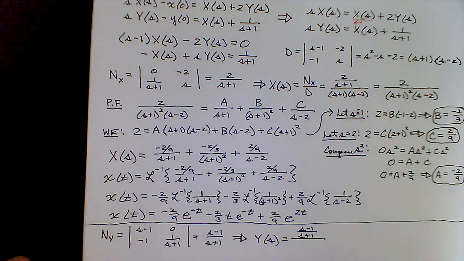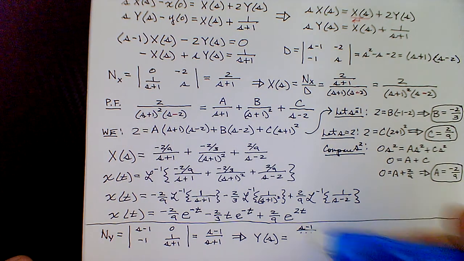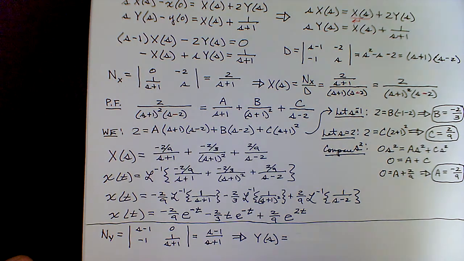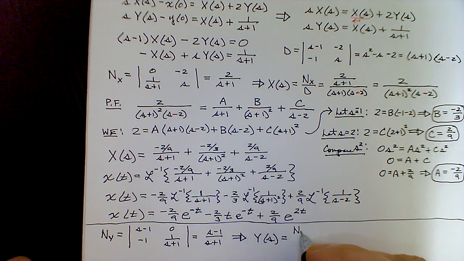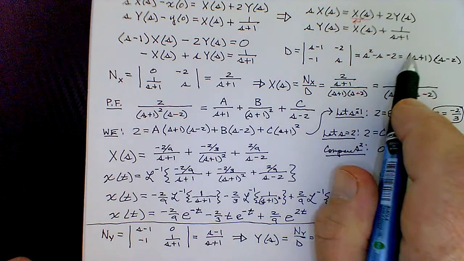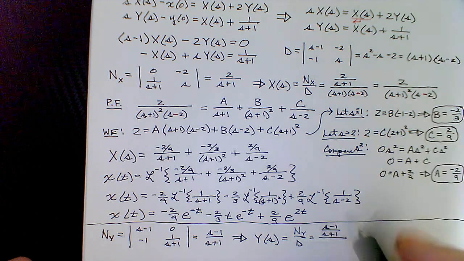Well, if you want to be this explicit, I don't know if this is really all that necessary at this point, N sub y over D. Okay, so that's the s minus 1 over s plus 1 that we just found, over D was back up here, s plus 1, s minus 2.